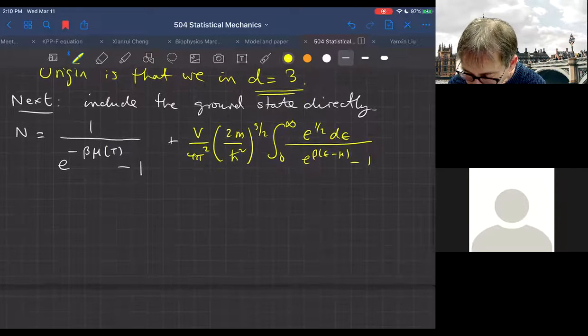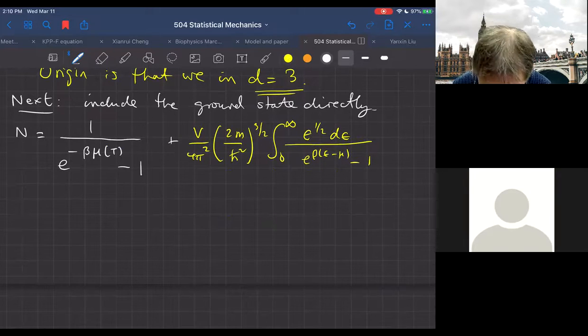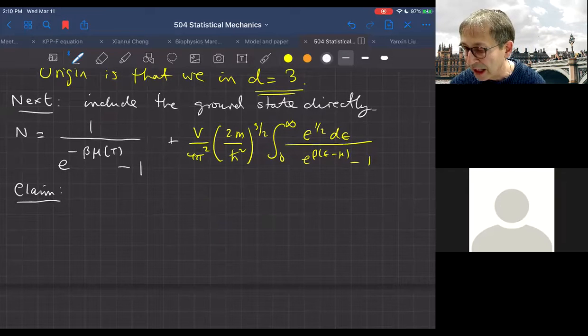So what I want to do next is look at what happens for t greater than Tc. This is my claim, and I'm going to show you how this all hangs together and is self-consistent.